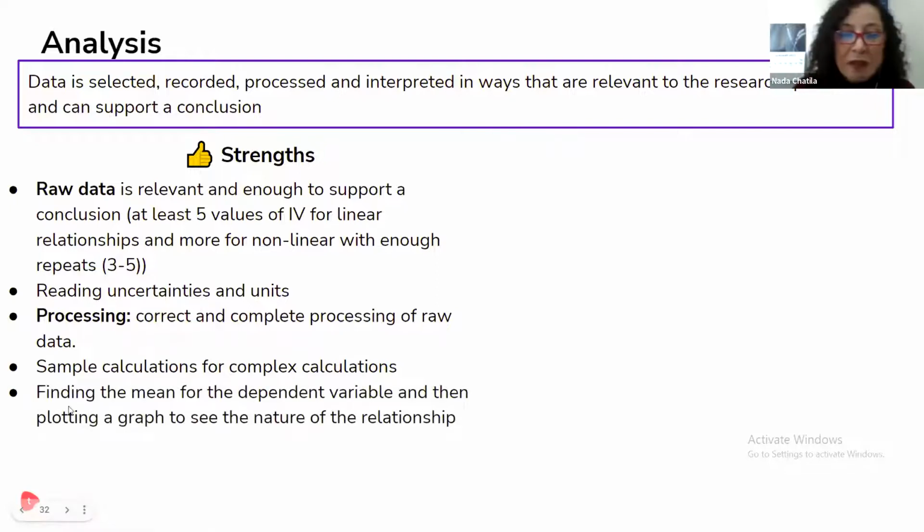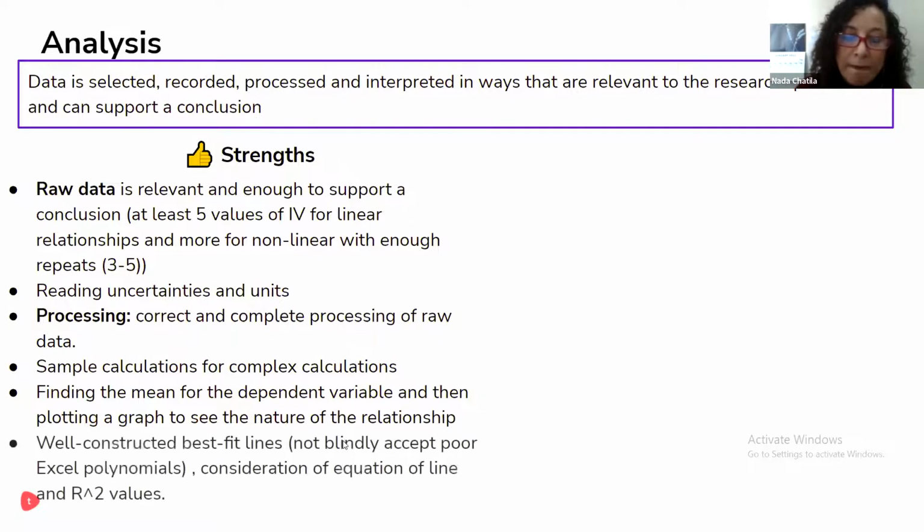The processing includes finding the mean for the dependent variable and then plotting a graph to see the nature of the relationship. This is part of the processing criteria or indicator. Well-constructed best fit lines, and I will talk a little bit about this. Many times, and I will address this in the weaknesses, the best fit line calls for a curve, and we see forced straight lines being used.